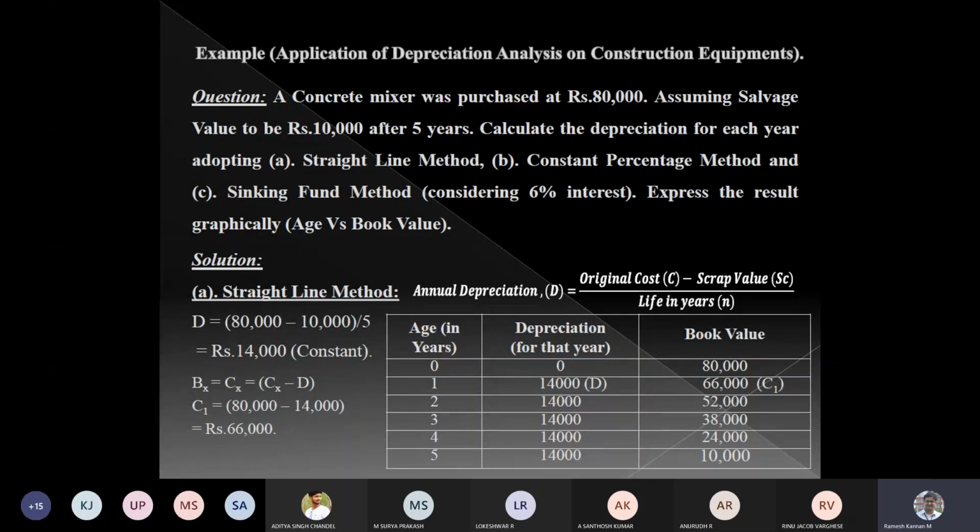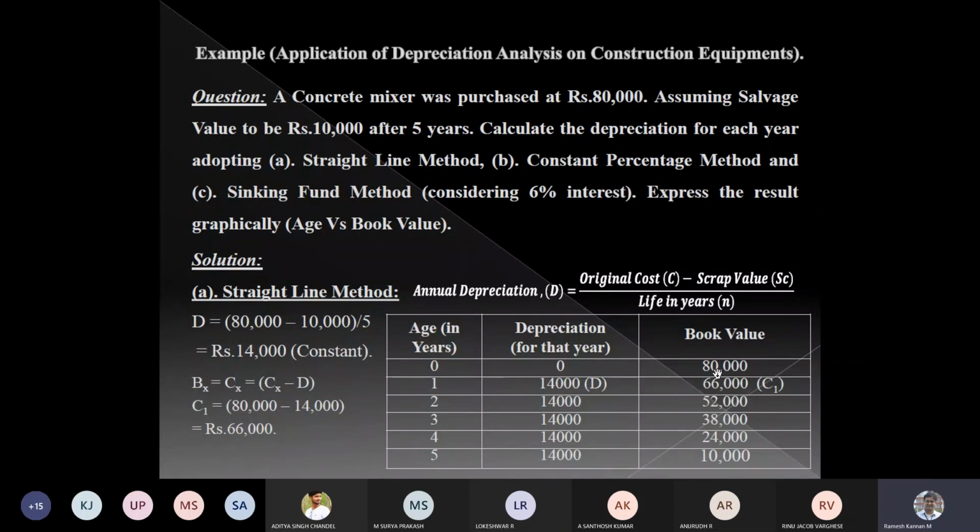I think we can do that in Excel, so you can try it in Excel. And book value: first is the original cost. Original cost minus the depreciation value equals the book value of the year.